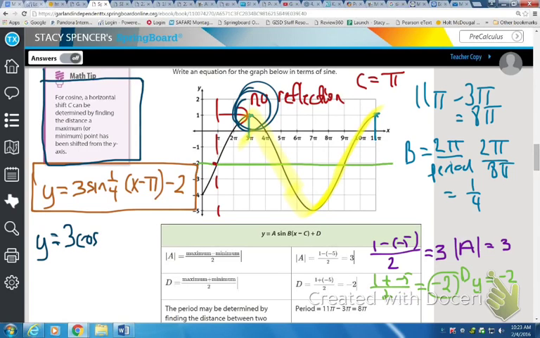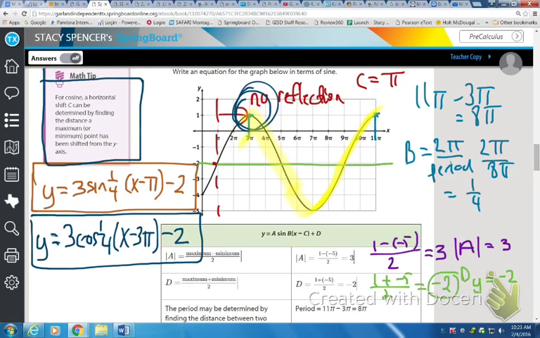What's my b? 1/4. x minus 3 pi. Good. Do I have anything behind that? Are we done with that one? No, minus 2. And there's your cosine. You did it. Okay?